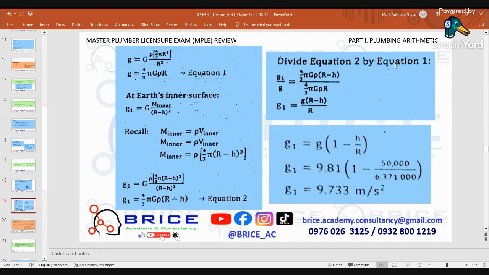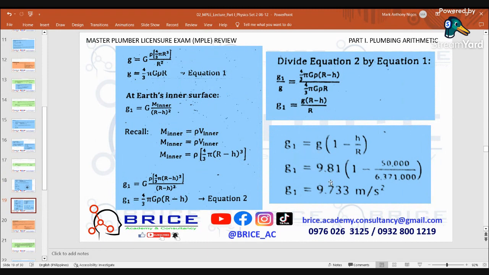If we divide equation 2 by equation 1, the answer is g1 is equal to g times R minus h over R.